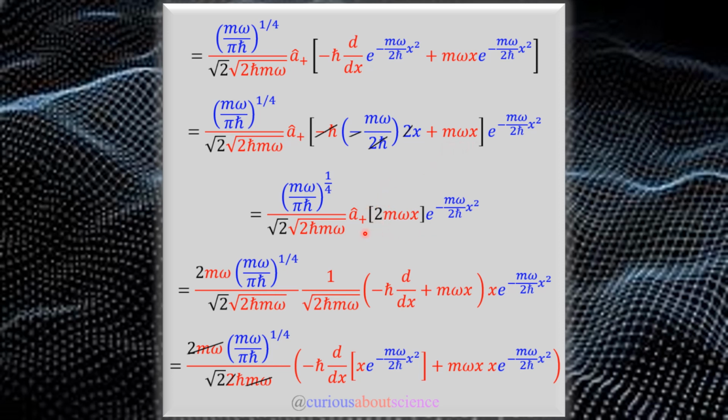Okay, now of course we can take the 2m omega, bring it out front, which is what we do here because those are constants with respect to the variables x and x squared. And of course we have to raise this function again by another operator, so we have to apply the momentum operator and the position operator acting on the combined functions of x and the exponential.